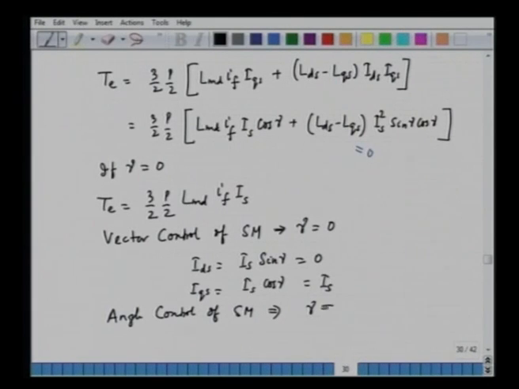If we operate the motor under any other condition for which gamma is non-zero, that is called angle control of synchronous motor, because for that the dynamics is not as fast as what we have in case of a vector control drive.